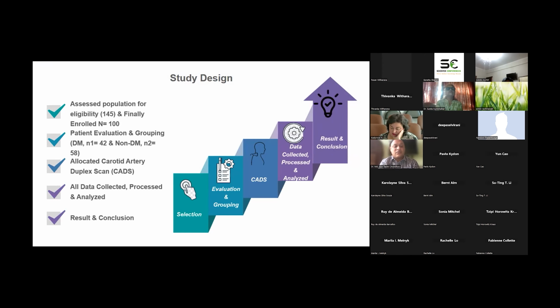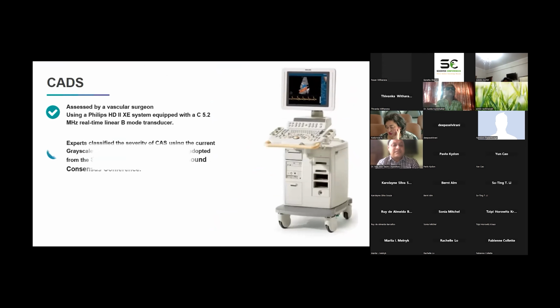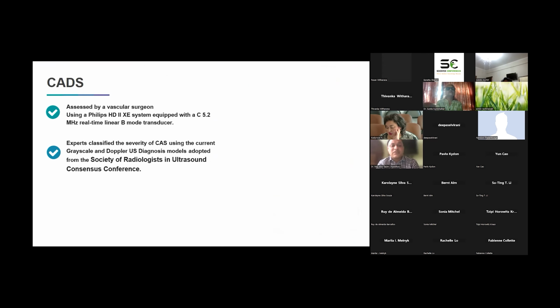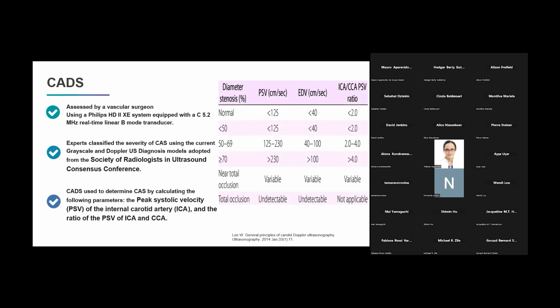Finally, results were made. This is the machine which was used by our vascular surgeon to assess the carotid artery of the patient. They follow the Society of Radiologists in Ultrasound consensus conference criteria to classify severity, and they calculate the peak systolic velocity of the internal carotid artery and the ratio of the peak systolic velocity of the internal carotid artery and common carotid artery, and categorize the carotid artery into the following.